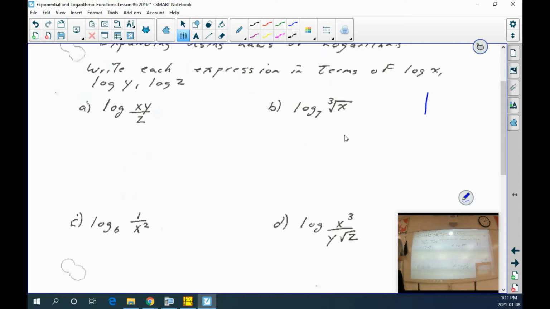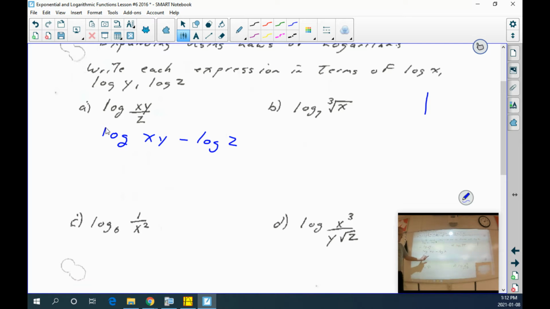Now here we want to write these in terms of log x, log y, and log z. So this is the opposite. We're blowing this up. Here we have the log base 10 of a quotient, x times y over z. The quotient law of logarithms says I can write this as log of x times y, minus log z.